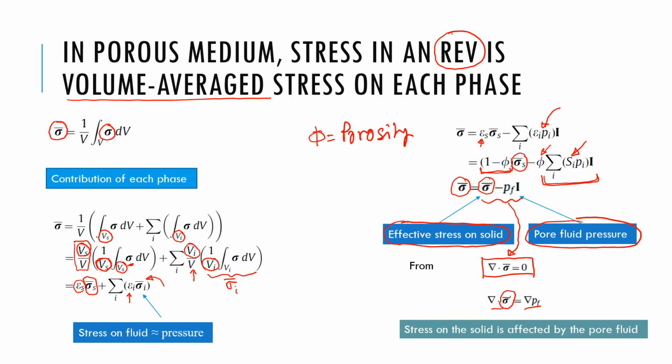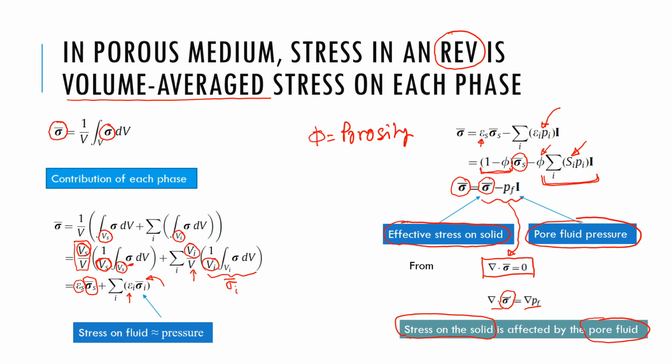So what these are is, this equation relates stress on the solid to the pressure in the pore fluid. So stress on the solid is affected by the pore fluid pressure.